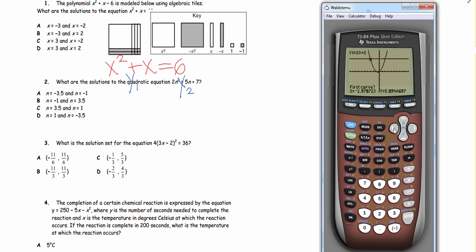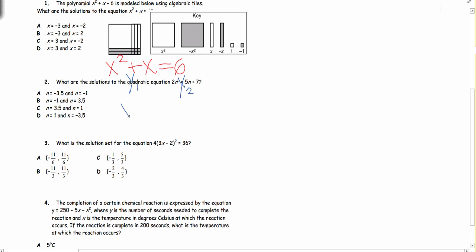You can see I'm getting close to -3. If I go a little more, I'm a little above the intersection. But once you get close, hit enter 3 times, and you're looking for the x value, and you can see that x equals -3. So I'll write that down here, x equals -3.